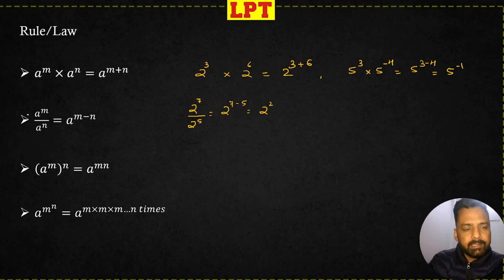So if there is a division, a to the power m over a to the power n, the base must be same. That is a very important condition, that the base should be same. We can directly subtract the powers, and even the inverse, we can write in reverse as well.